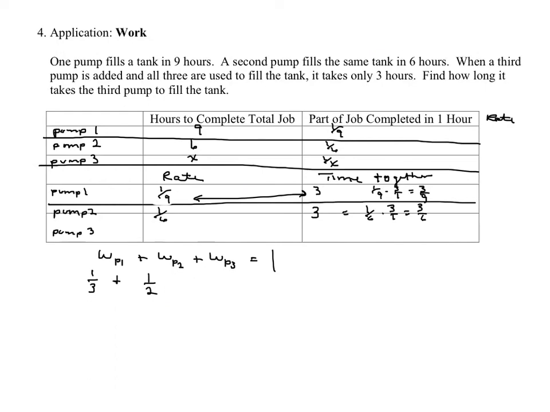Now let's do pump 3. Its rate is 1 over x. Time together is 3. So when I multiply them, I will get 3 over x, and that's equal to 1 what? 1 job of filling a tank. Now we're like, yeah, I get this. I'm going to multiply everything through by the common denominator, which is 6x.